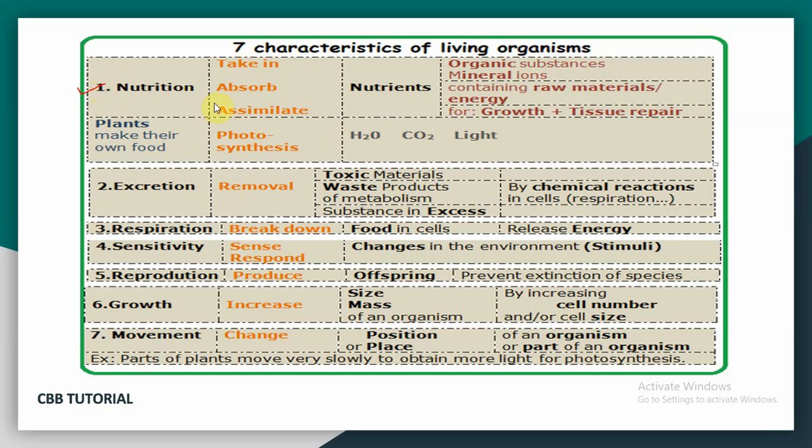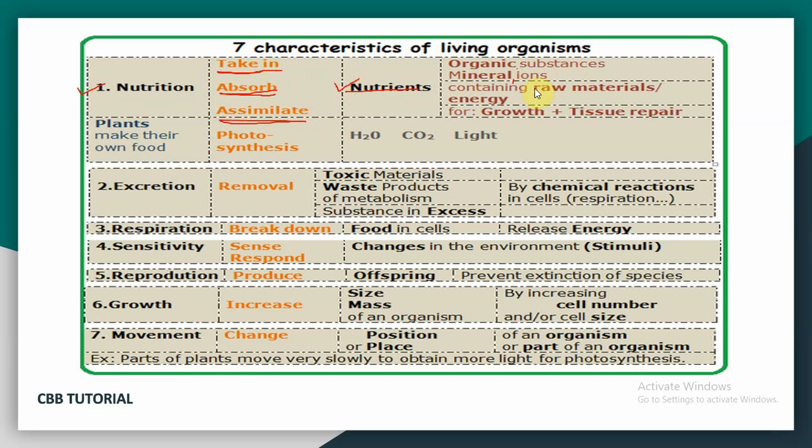Take in, absorb, assimilate. Take in means humans can take in nutrition. Some animals can absorb, some assimilate. There are some nutrients which we can absorb: organic substances, minerals, ions.